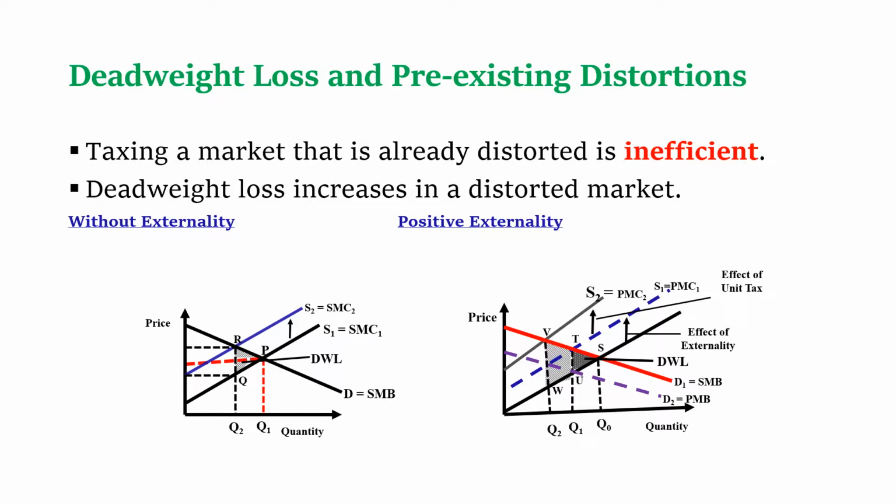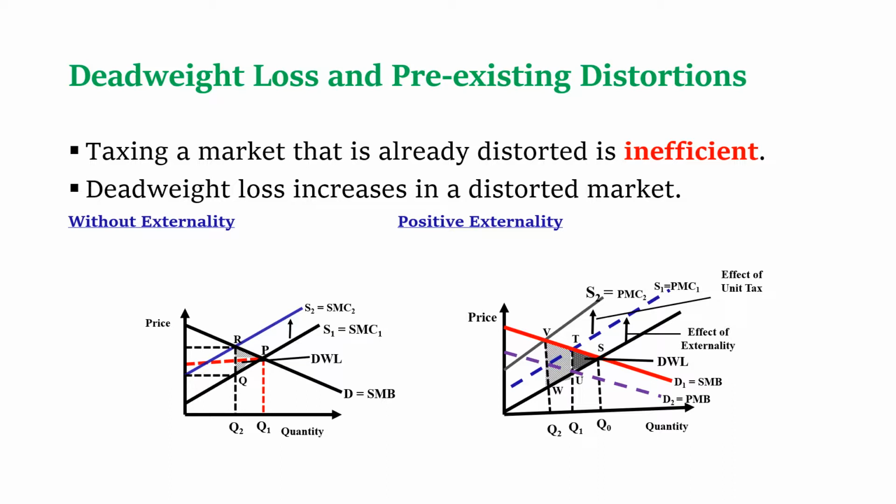Now, the deadweight loss and pre-existing distortions. There are distortions in the economy created as a result of positive externalities or negative externalities, right? If the market is already distorted and you come and tax that particular market, that policy is inefficient.